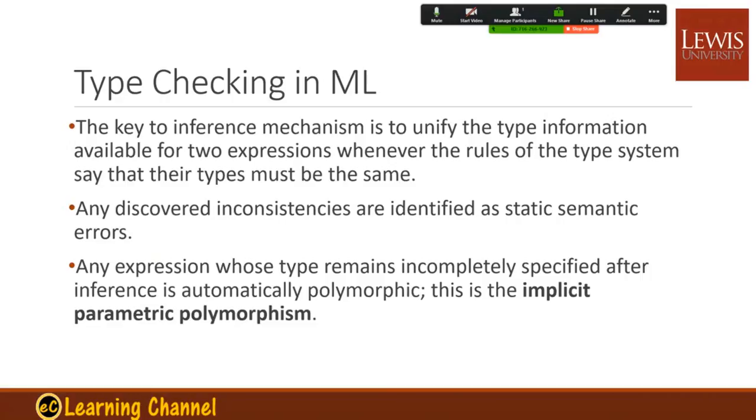And any inconsistency discovered identifies a static semantic error. There may be different data types, but at the end, those data types have to be compatible. Otherwise, you cannot unify them. Any expression whose type remains incompletely specified after inference is automatically polymorphic. This is the implicit parametric polymorphism.